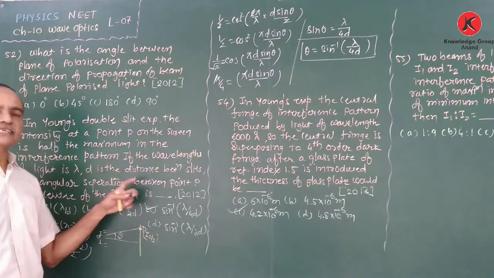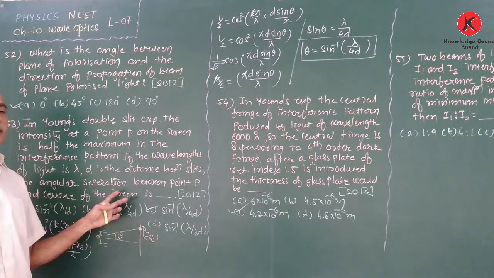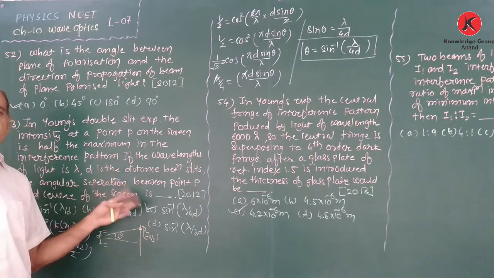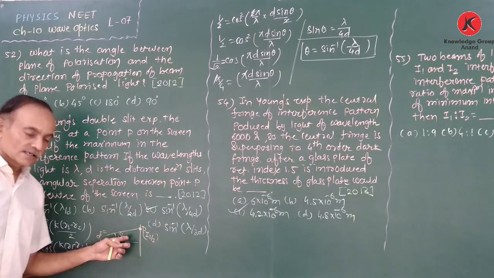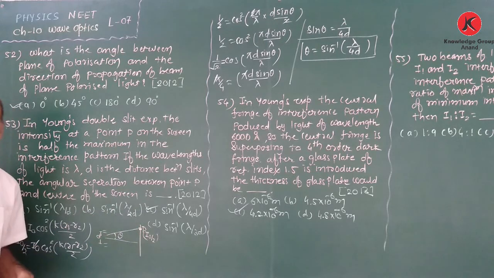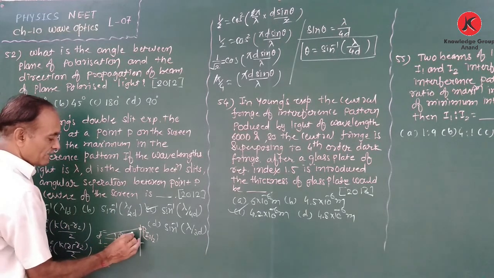Again, here the intensity at point P is half of the maximum intensity. The wavelength is lambda, the separation between the two slits is d, and we have to find the angular separation of point P from the center of the screen. So this theta we require.